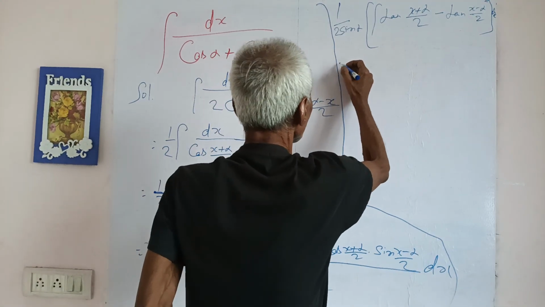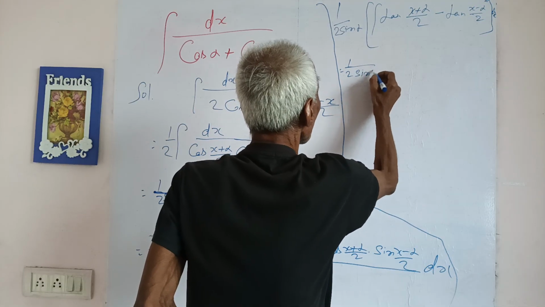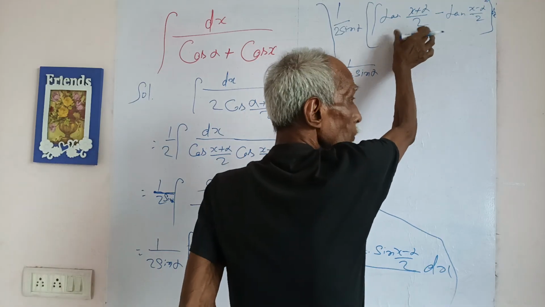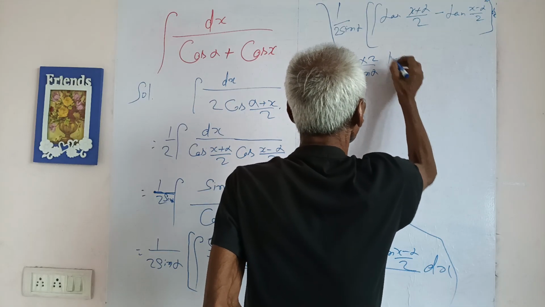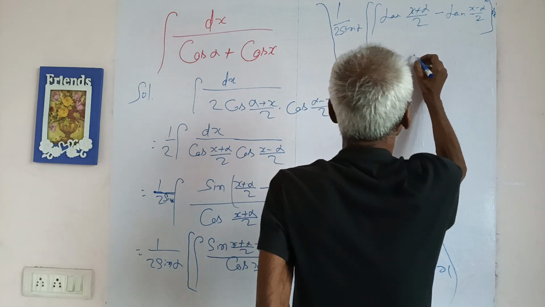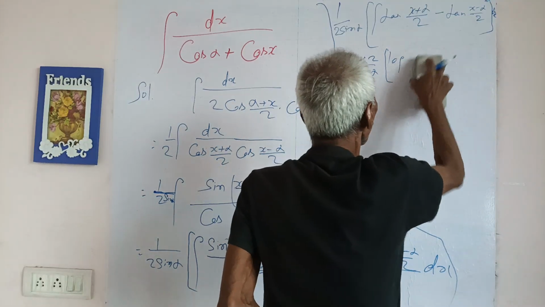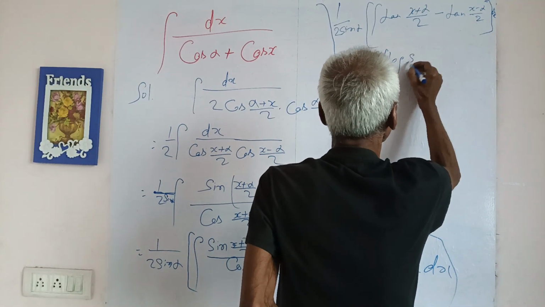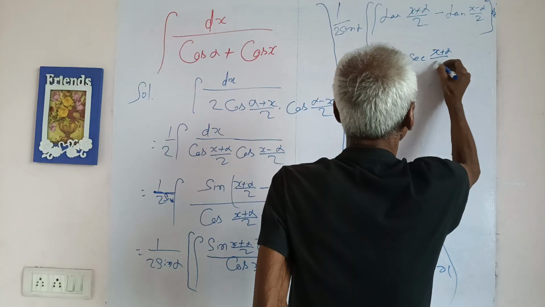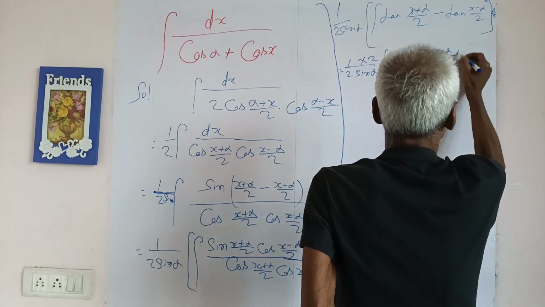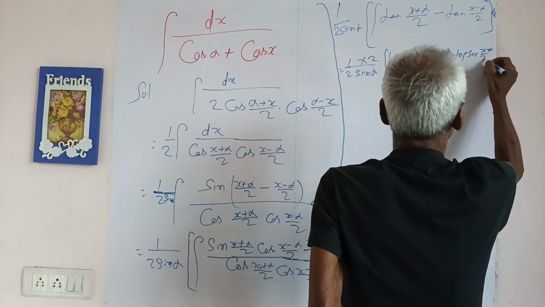Now this part will be written as 1 by 2 sin alpha into, this will be changed into log, into 2 log sec (x plus alpha by 2) minus log sec (x minus alpha by 2).